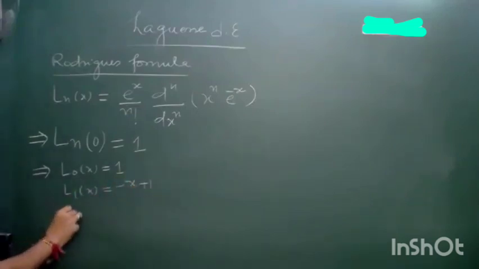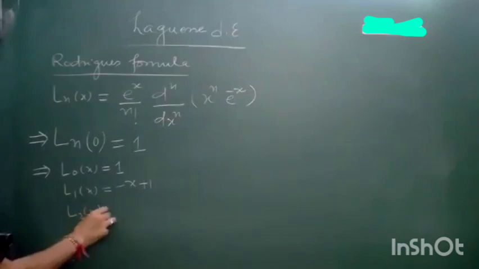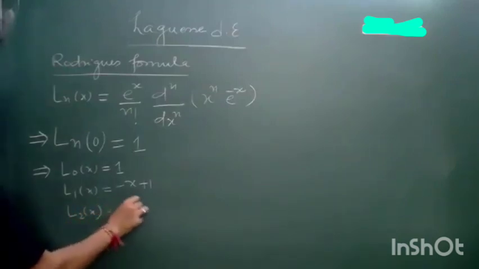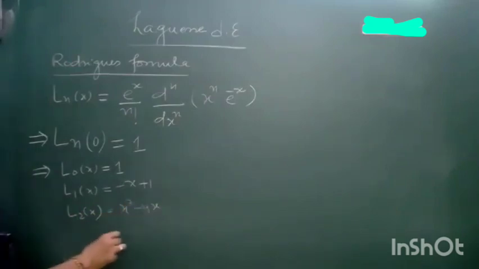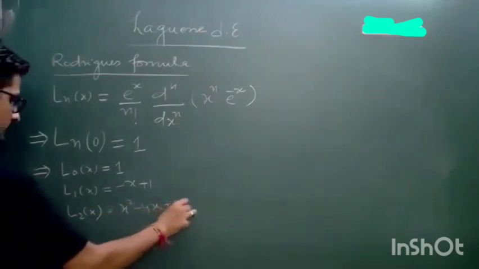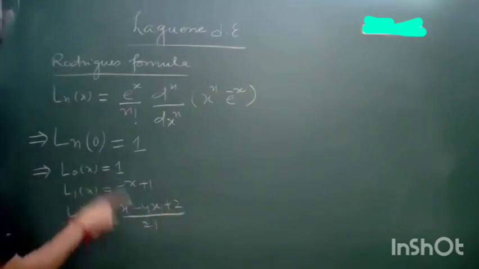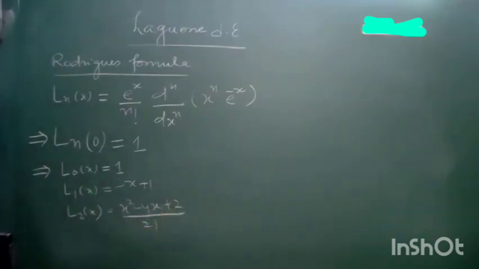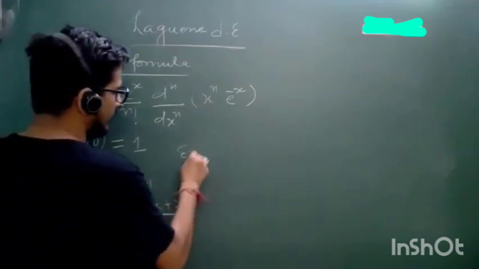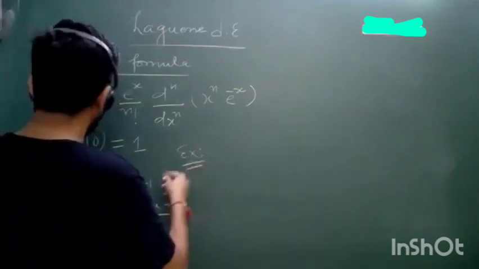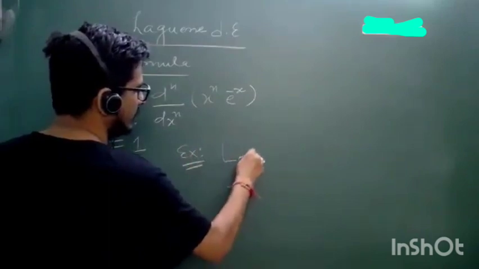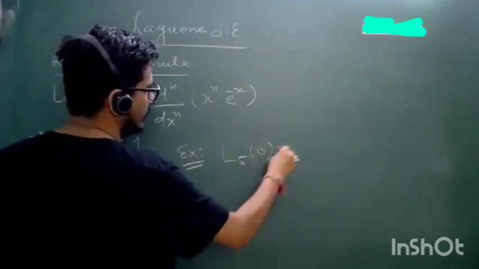The value of L2(x) is equal to (x square minus 4x plus 2) by factorial 2. So at x is equal to 0, every time you will get value 1. And for example, for Laguerre polynomial, it is a previous year question: what is the value of L5(0)?